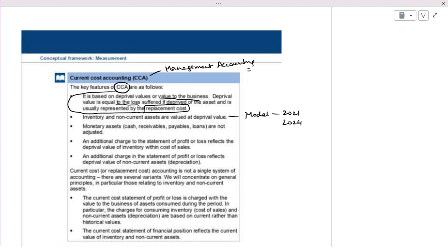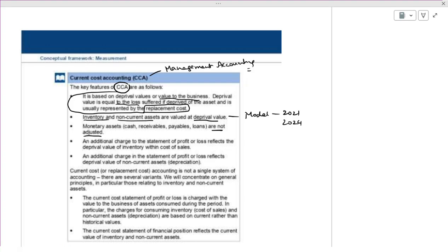That is the decrease in the value of the inventory. Inventory and non-current assets are valued at deprival value. Only inventory and non-current assets. Monetary assets will never be adjusted.